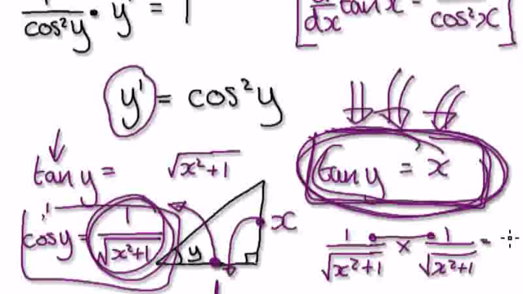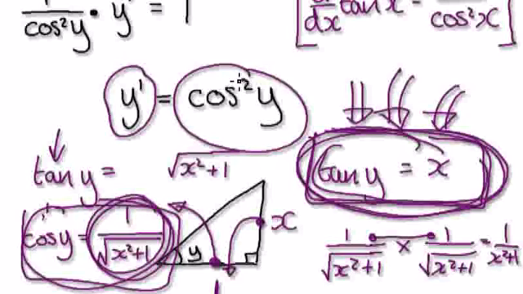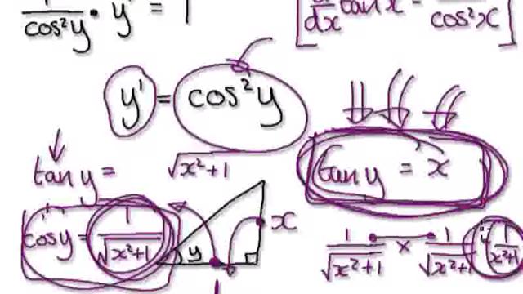Top times top equals 1, and bottom times bottom gives you x squared plus 1. So cos of y equals this, then cos squared of y will be 1 over x squared plus 1. So y prime is this thing here.